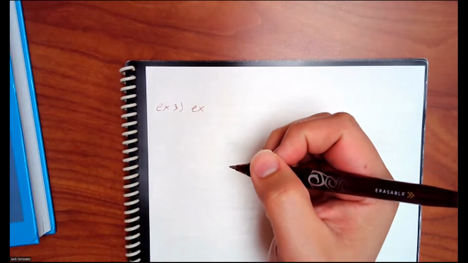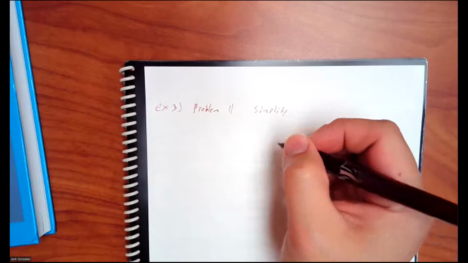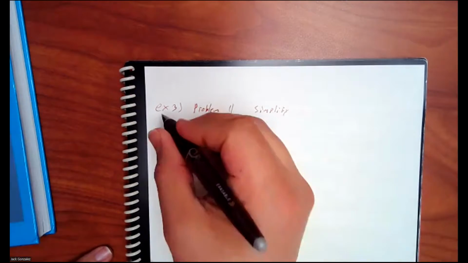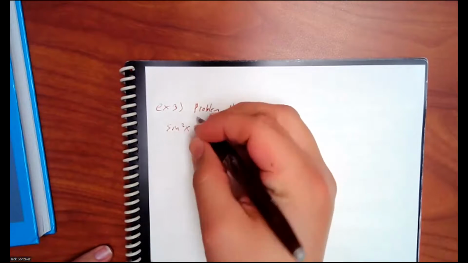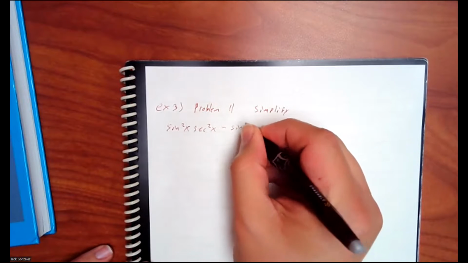I think the next one's 11. Yeah, let's do this one. It's very similar. So sine squared secant squared minus sine squared.